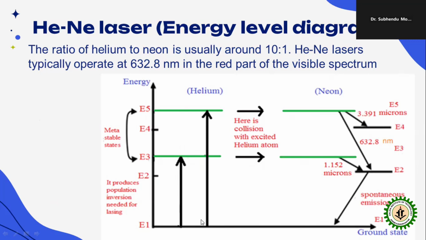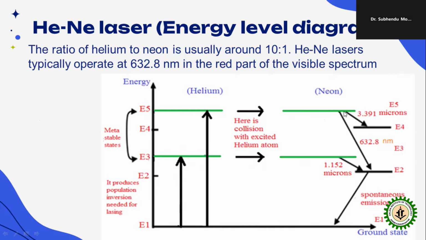First, the excitation takes place in the helium atoms, because the excitation probability is larger than for neon, and as you can see, the E3 and E4 states are closely linked to the neon E5 and E3 states. Therefore, atoms excited to the helium excited state will transfer to the neon excited states E5 and E3.